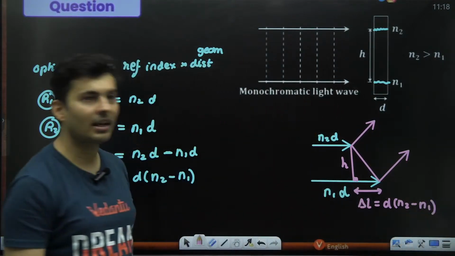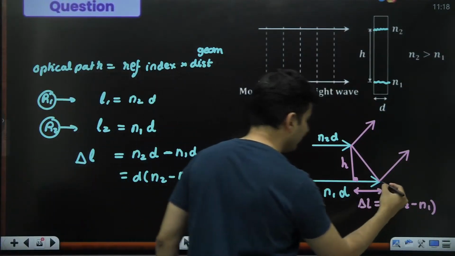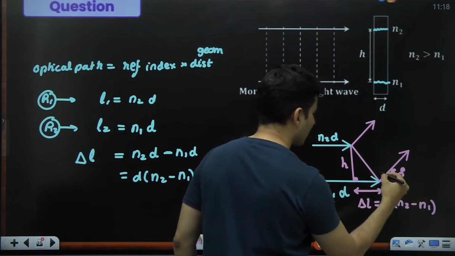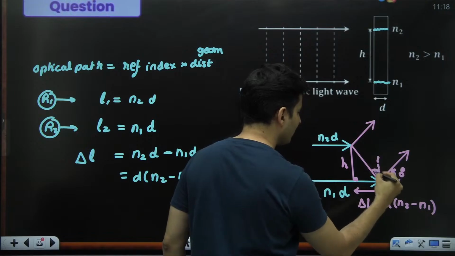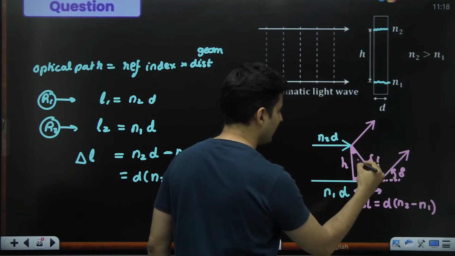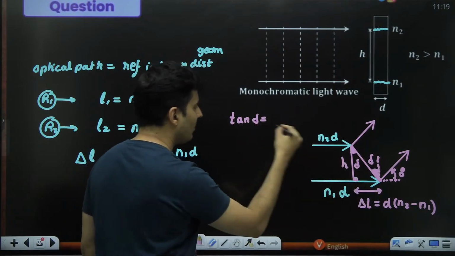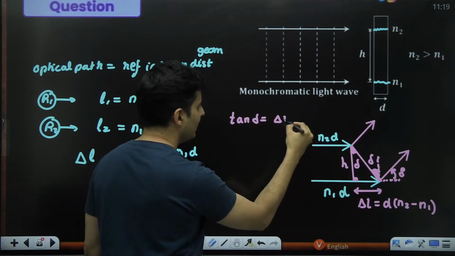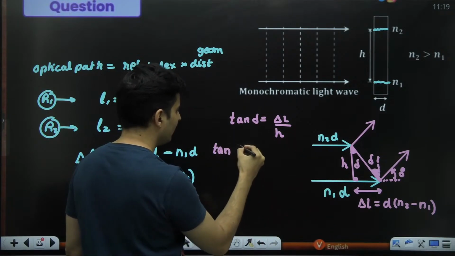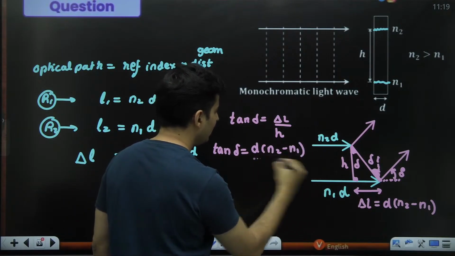So if you want to find how much it has deflected by, if that is delta, obviously even this angle over here is delta. Now you can take tan of delta as opposite side by adjacent, which is delta L divided by h. So tan of delta is d times n2 minus n1 divided by h.